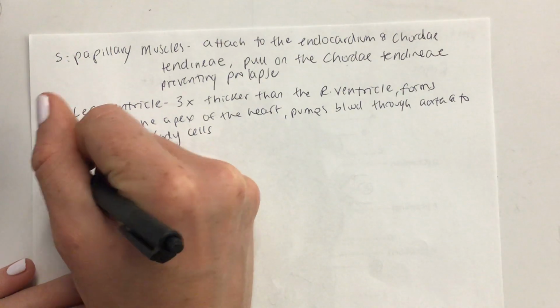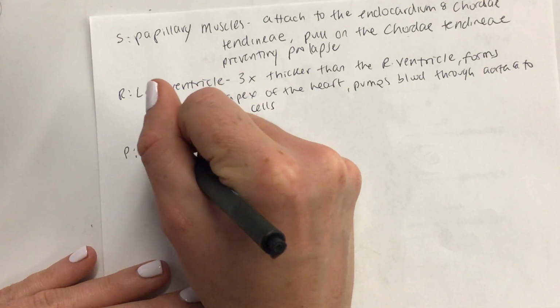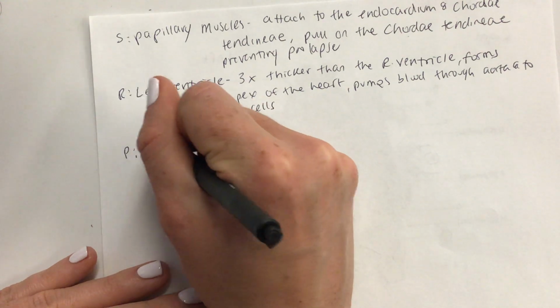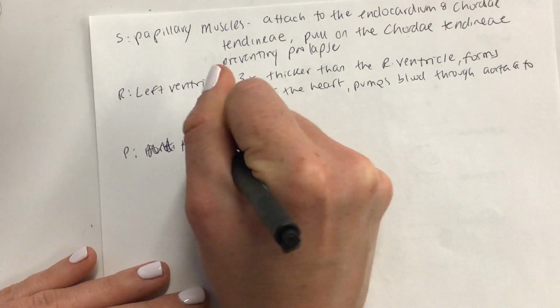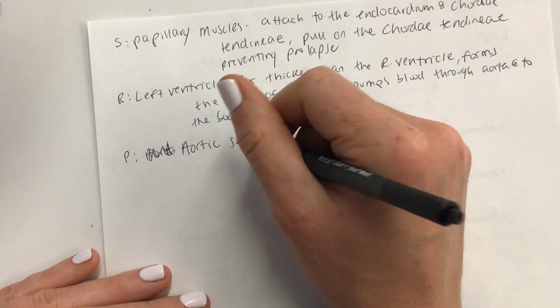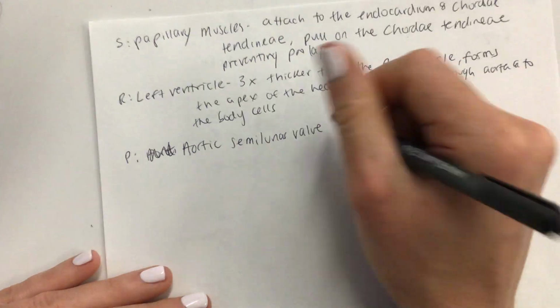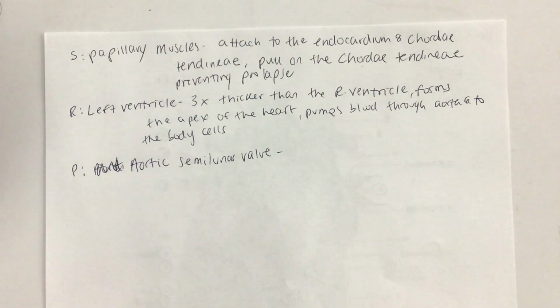Next we have letter P, and I'll show you it on the front in a second, but it's called the aortic, AORTIC, aortic semilunar, like half moon, semilunar valve. It's different structurally.